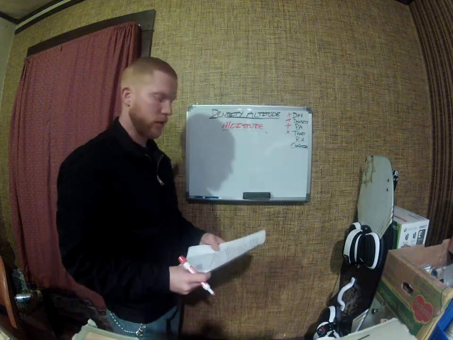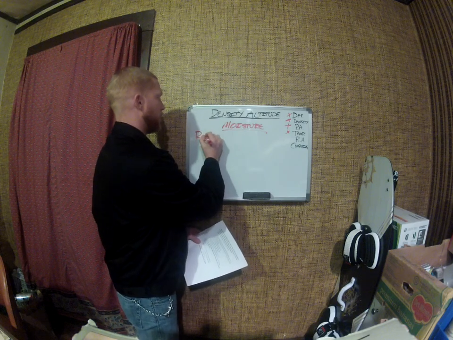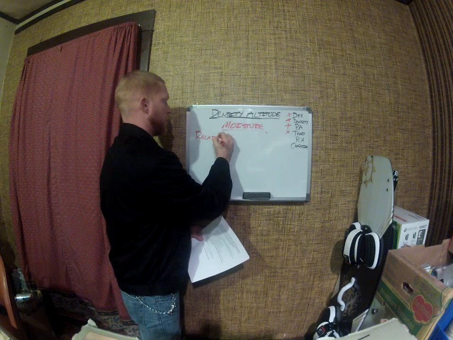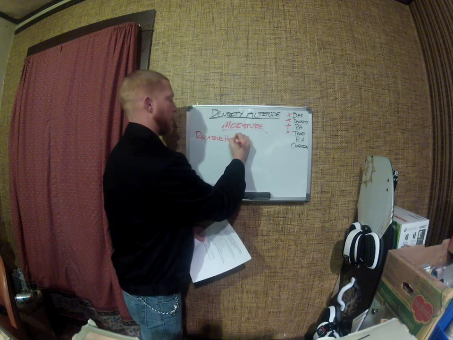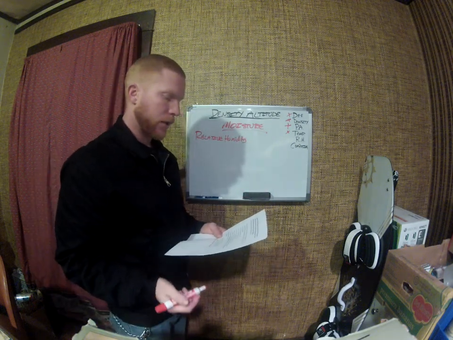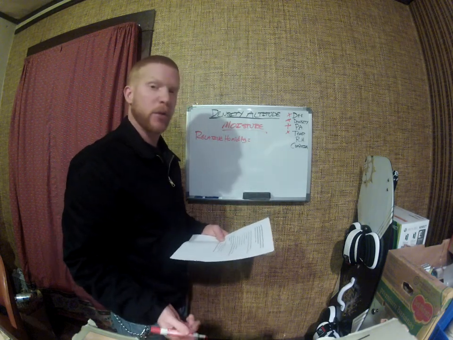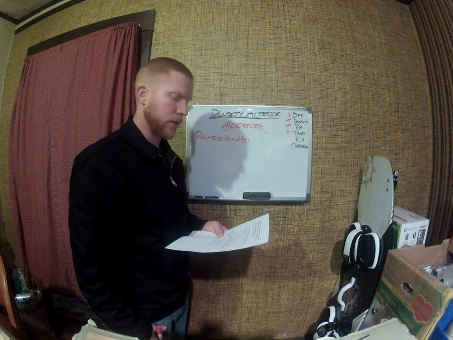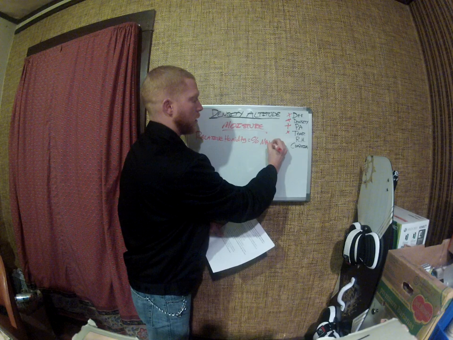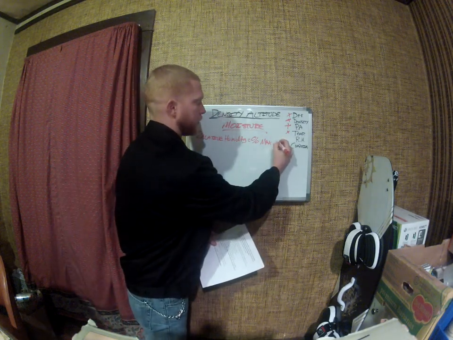Okay, so like I just said, moisture is also referred to as humidity. There's two types of humidity. Today we're just going to talk about relative humidity. Basically, relative humidity is the amount of water vapor in the atmosphere, and it's expressed as a percentage of the maximum amount of water vapor the air can hold for a given temperature.